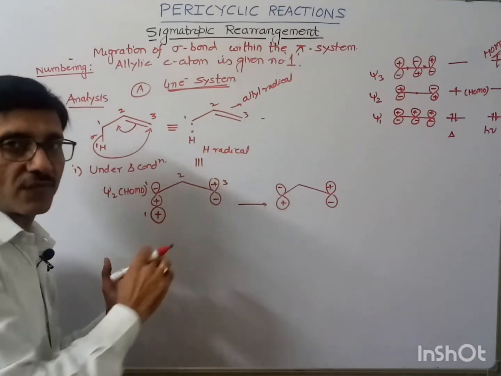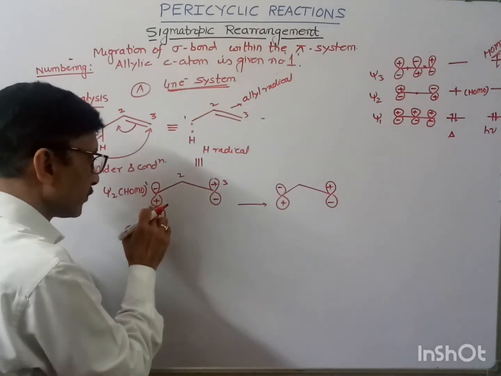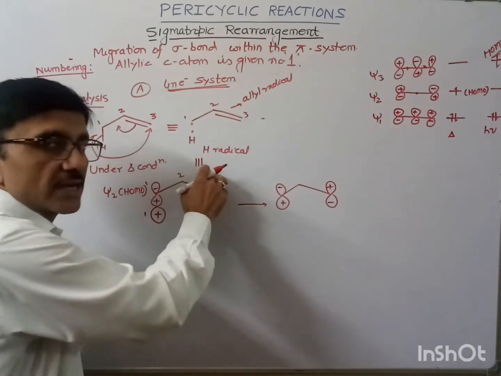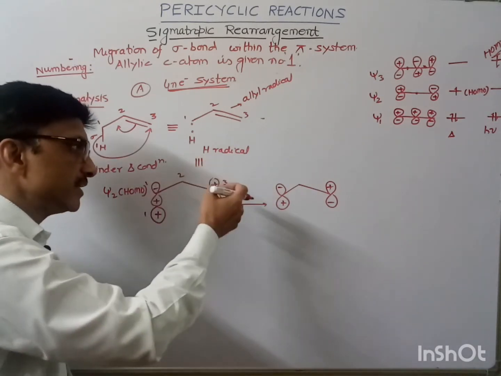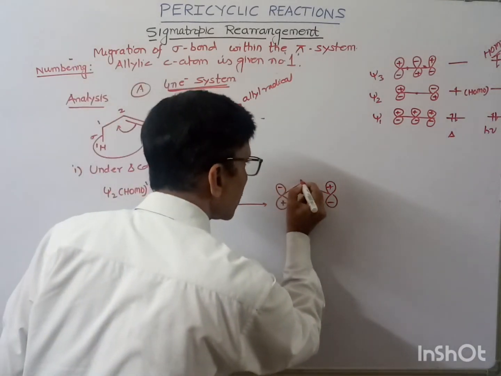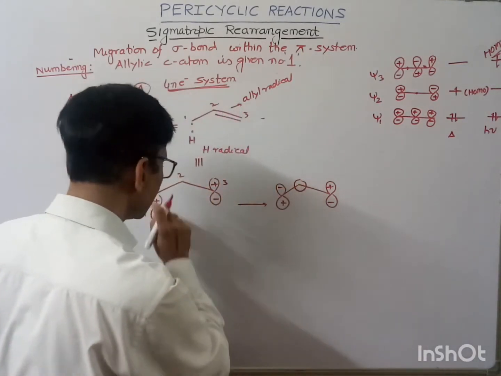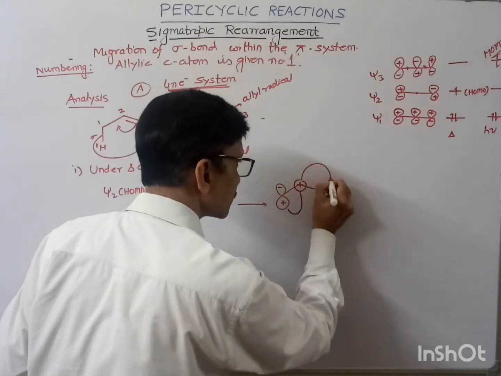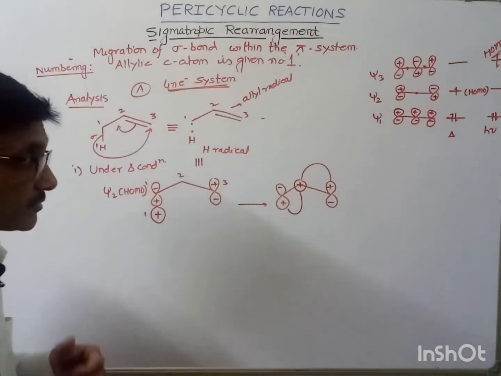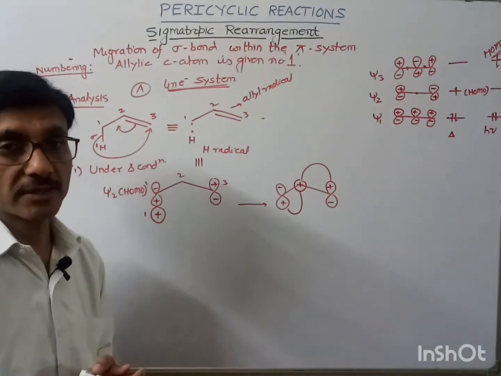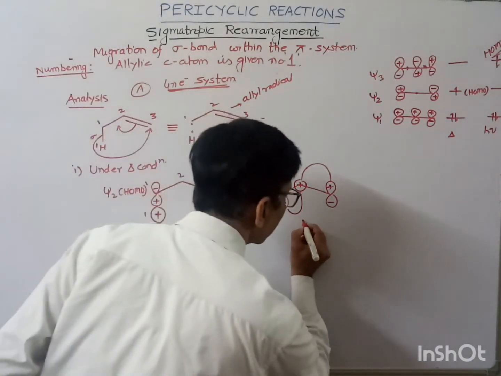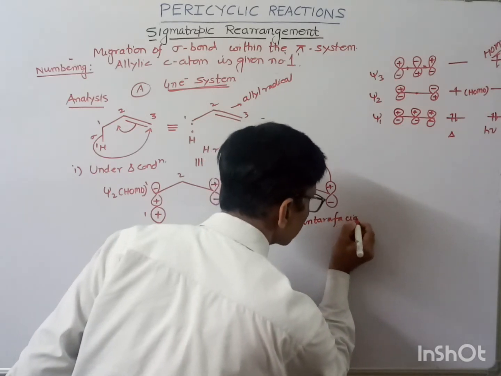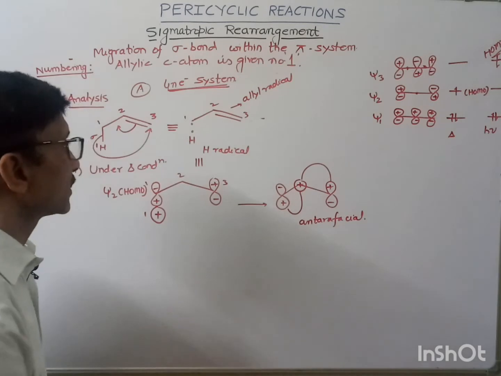So that is antarafacial. Firstly it was at this side, now it will attach at the other side in the product. So the hydrogen bond breaks, and this will now interact antarafacially like this. So what kind of interaction is taking place here? Antarafacial interaction is taking place under thermal condition.